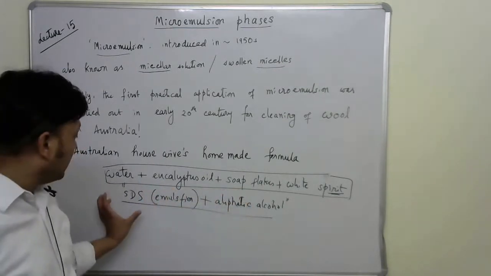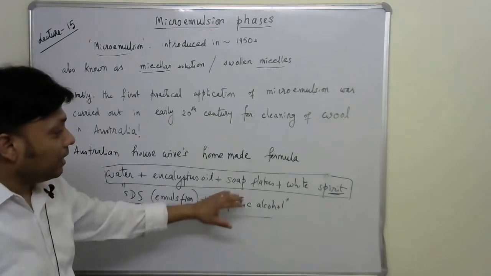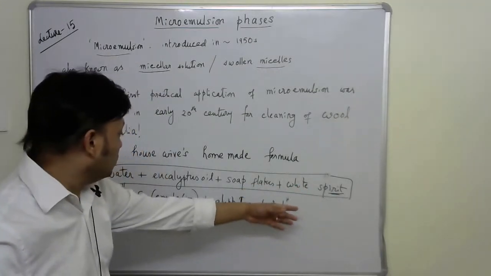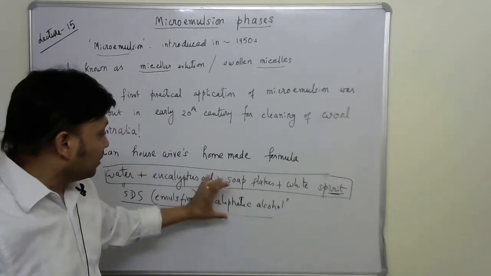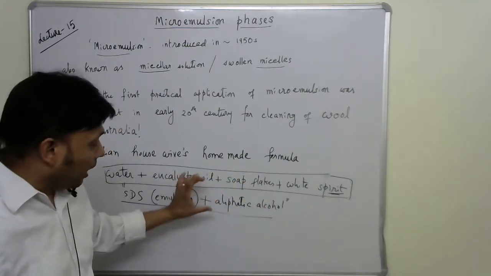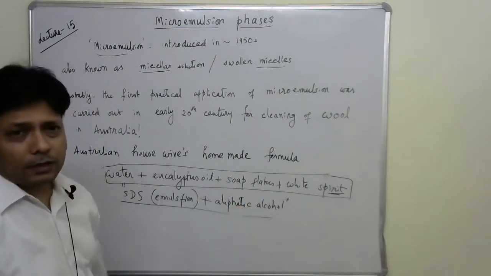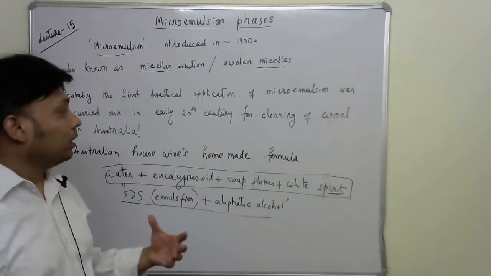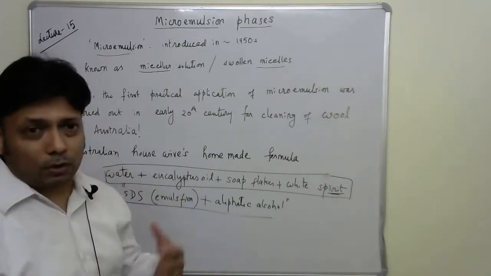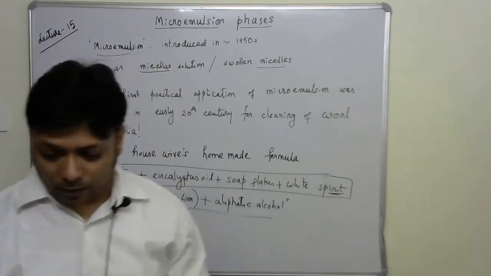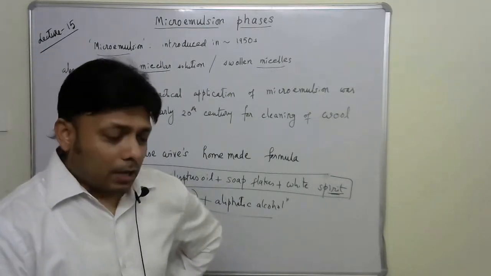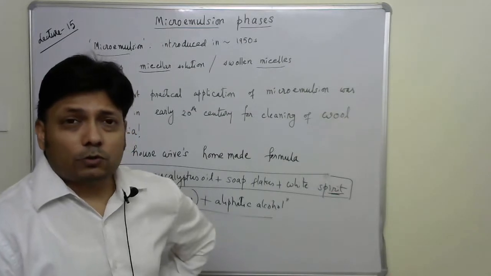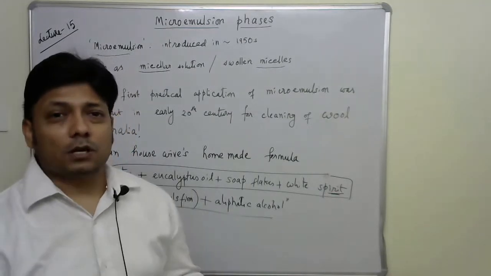Soap flakes usually have the SDS, sodium dodecyl sulfate, and the white spirit or vodka they used to add, that's actually the source of aliphatic alcohol. All right, so this was the little story of how these microemulsions came into use.